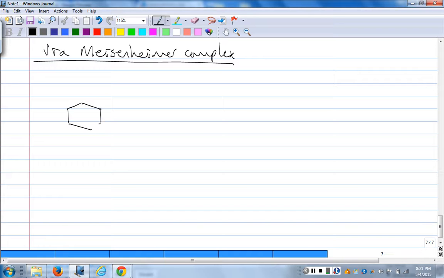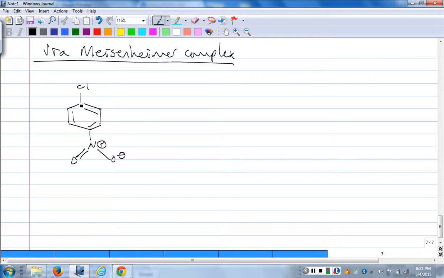So let's start off again. I'm going to have a good leaving group, chlorine. But this time, I'm going to have a really strong electron withdrawing group, typically nitro, but cyano can work as well, located on the ortho or para position relative to the leaving group.